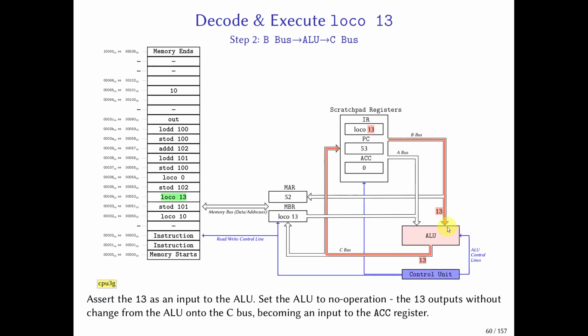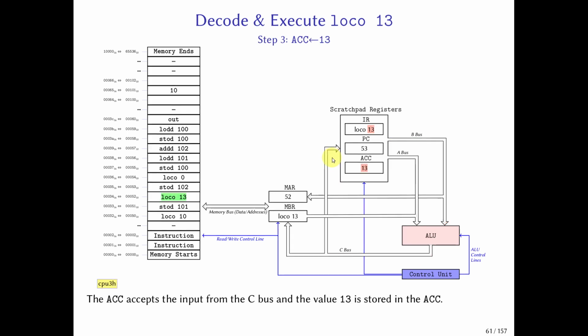From the ALU it copies it unchanged via the C bus up so that it becomes an input to the scratchpad register, and then finally, step number 3, it copies the value of 13 from the C bus and puts it into the accumulator.